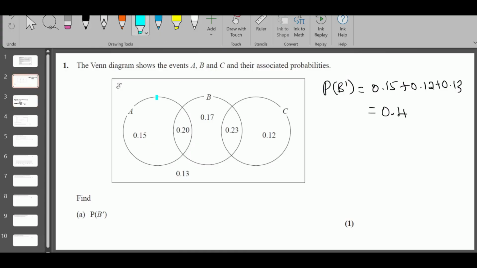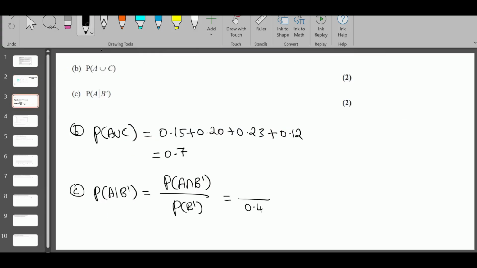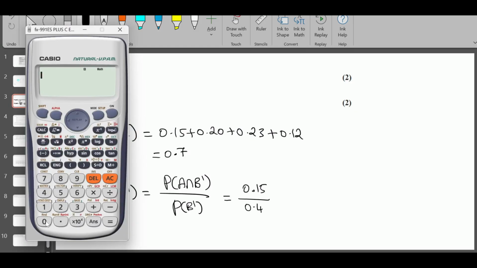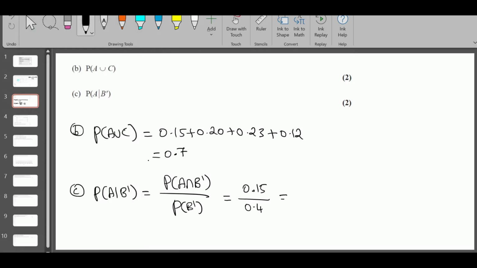B complement is everything outside B, intersecting with A is only this. So 0.15. 0.15 over 0.4 is 0.375.